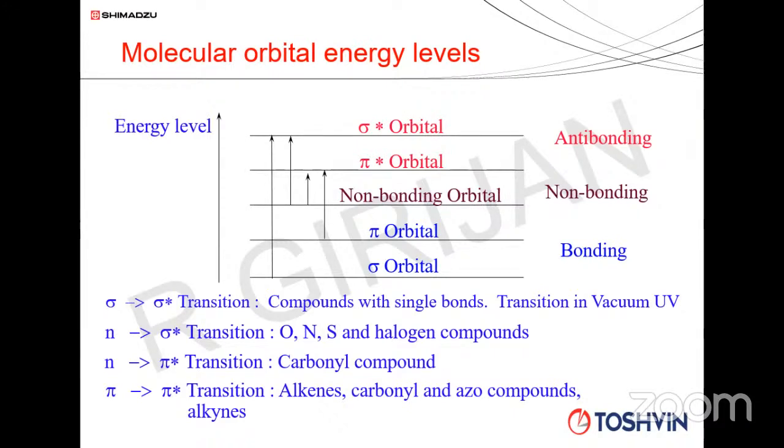If these transitions fall in the range of our equipment, from 190 nanometer upwards, we can easily measure all of them. Many pharmaceutical compounds fall within the range of 190 nanometer and upwards, and that is the reason why we are able to use UV very effectively in the pharmaceutical industry.